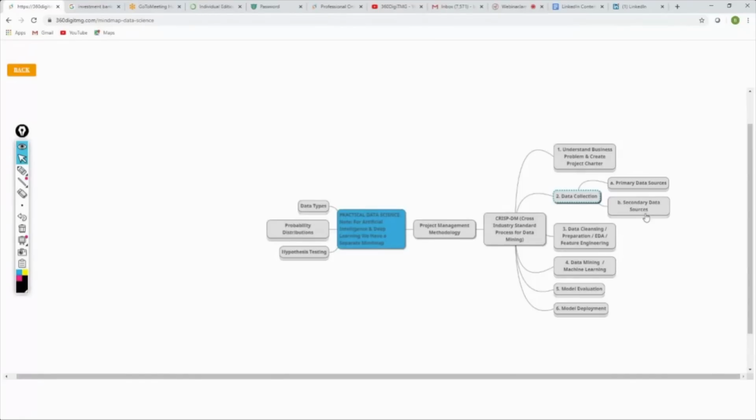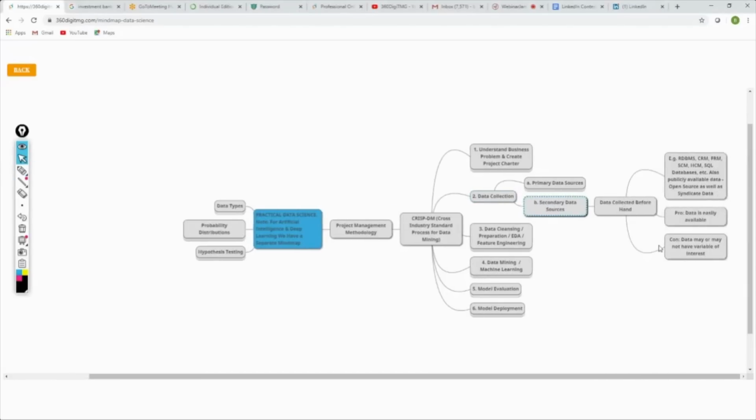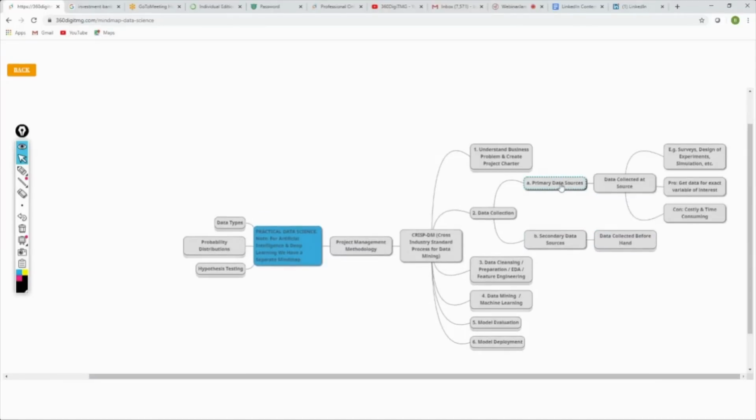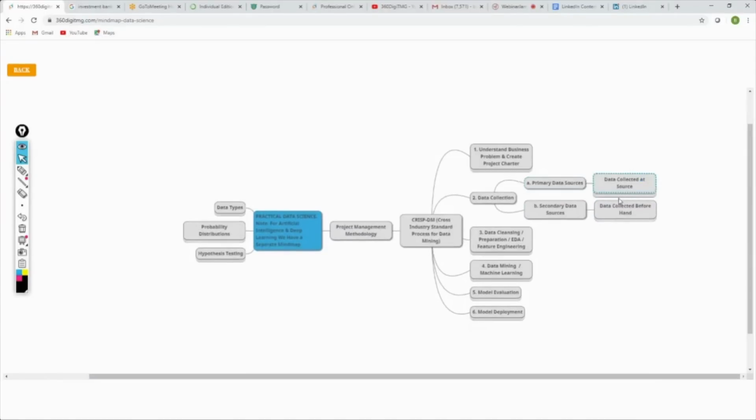Which one is easier? Secondary data collection is easier because data is already available. That's a secondary data source, data collected beforehand. And primary data source is data collected at source, meaning you go and then and there try to collect the data.